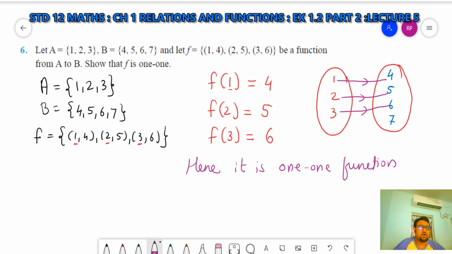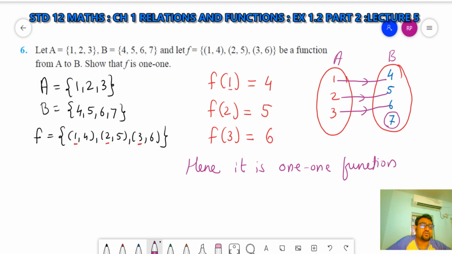No, it is not an onto function, because in the codomain B, there is an element 7 which does not have any pre-image in the domain.